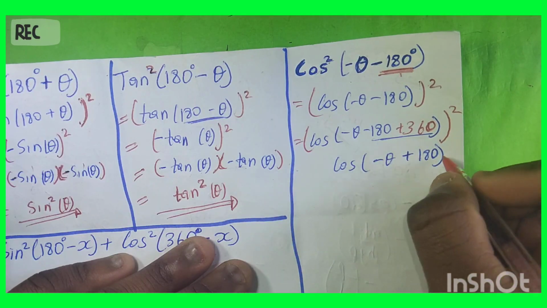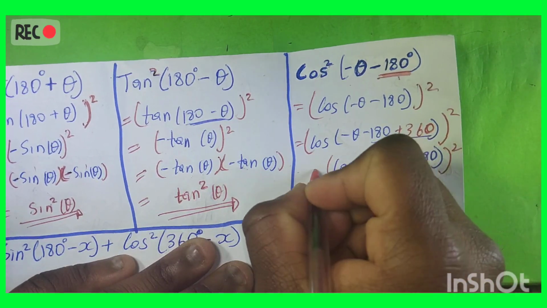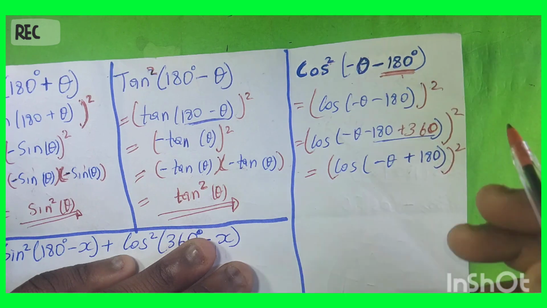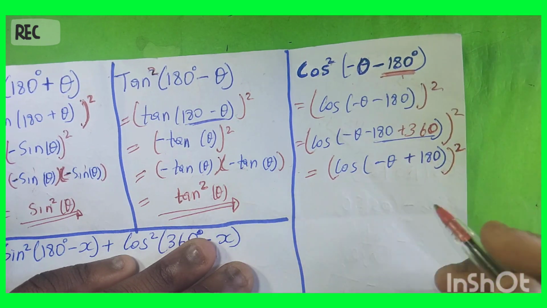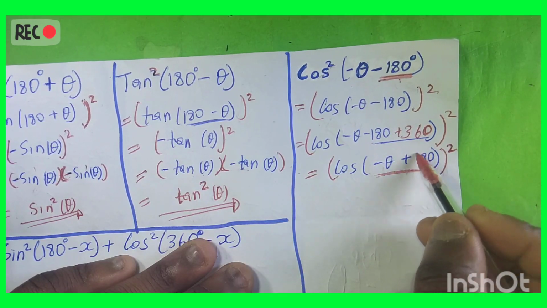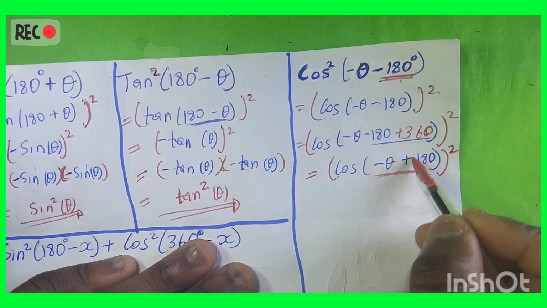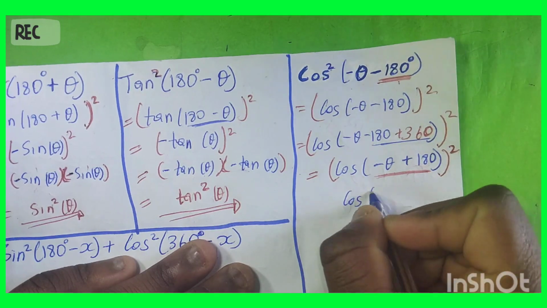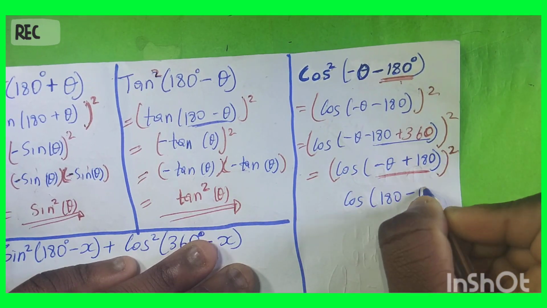Just use your calculator there to press all of that, and that exponent 2 is still there. Do you see? And now what you should understand, guys, is this thing. This one now I can rearrange, since I have a positive angle, rearrange this thing into this order of saying it's cos(180 minus theta) there.